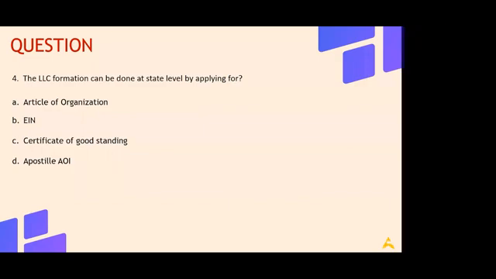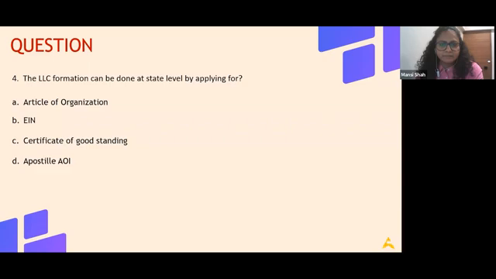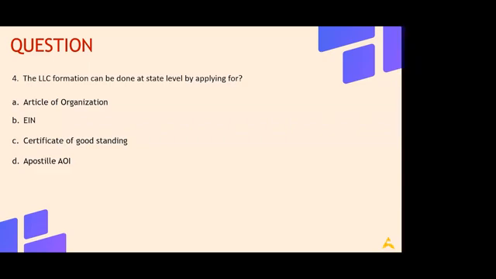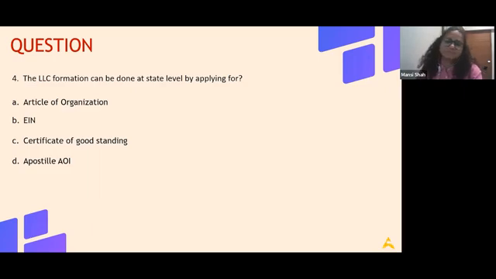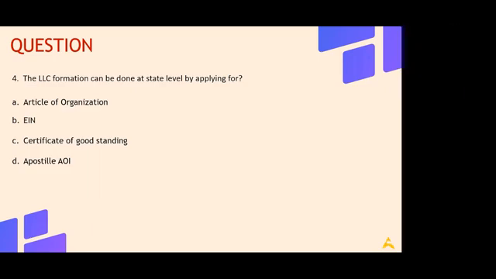I've launched it, so they're voting. LLC formation can be done at state level by applying for the following. Answers are coming in, and there can be a tie between A and B. Some of them think it's article of organization, some think it's EIN, and some think it's apostille.